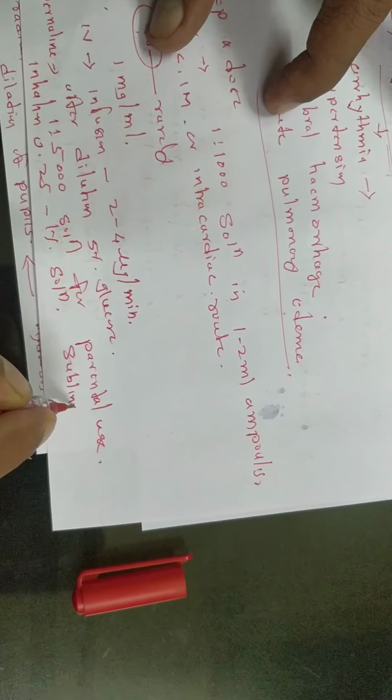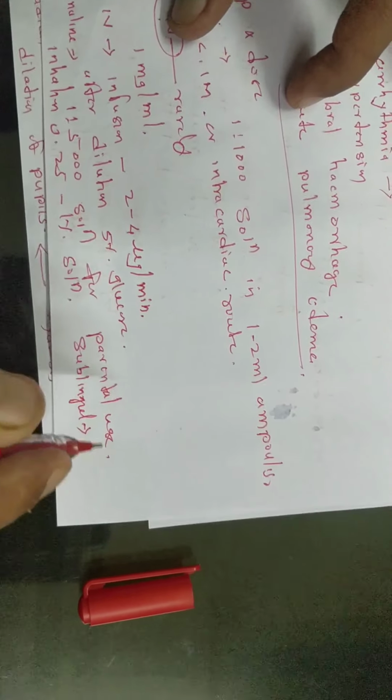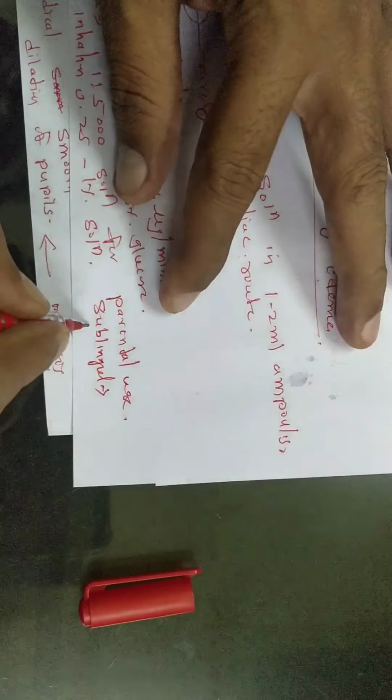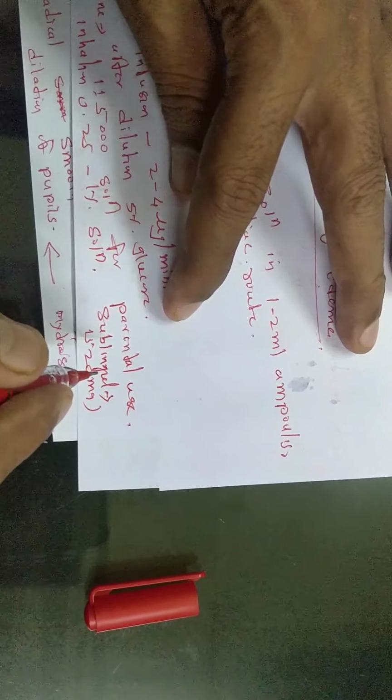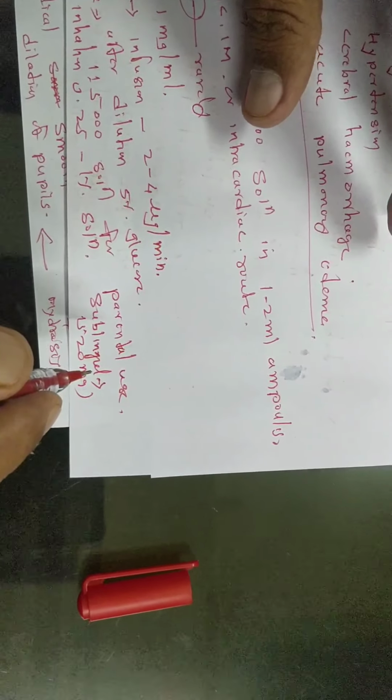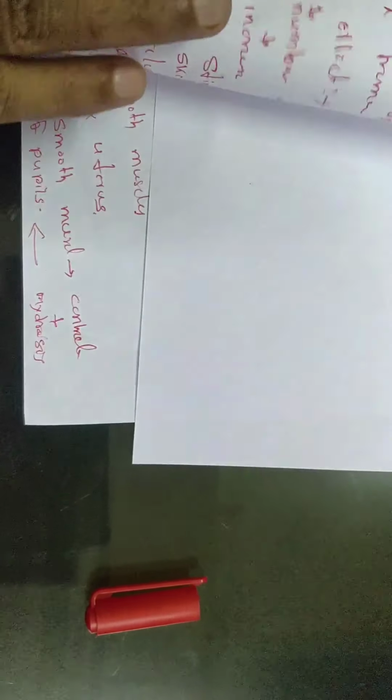Sublingual tablet kept below the tongue, 15 to 20 mg tablet of isoprenaline is given. Okay.